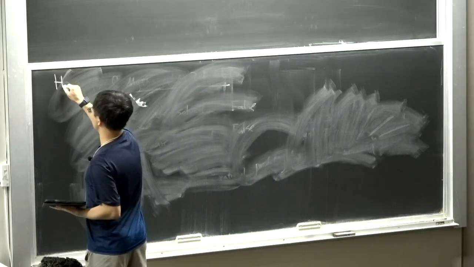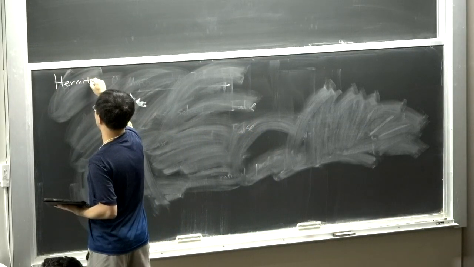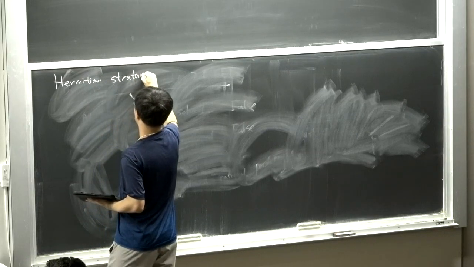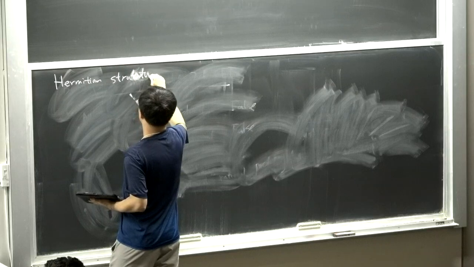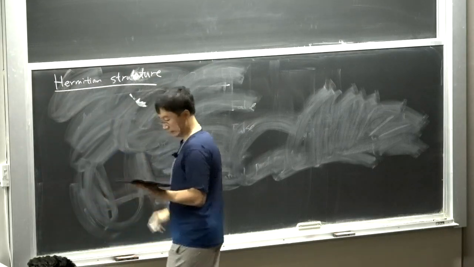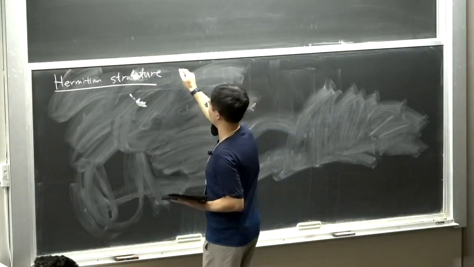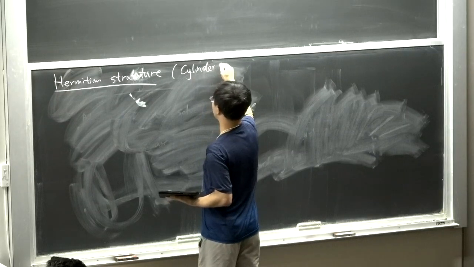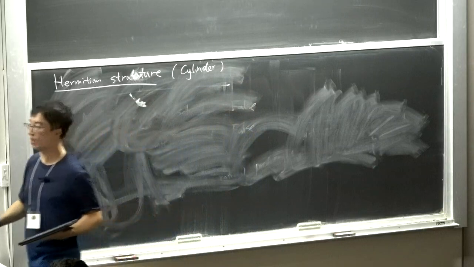So what is the Hermitian structure over here? This will start from the structure on the cylinder, where there's a natural direction of time.